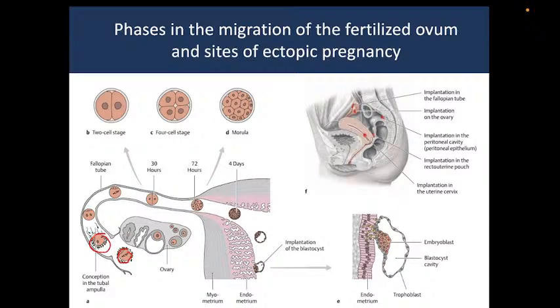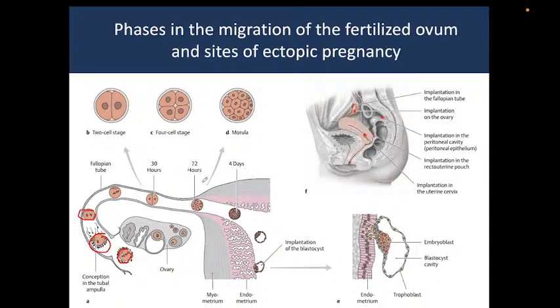Only one sperm comes into the oocyte and forms the fertilized ovum, and then it starts to develop, and usually in 30 hours we see 2 cells, then 8 cells.